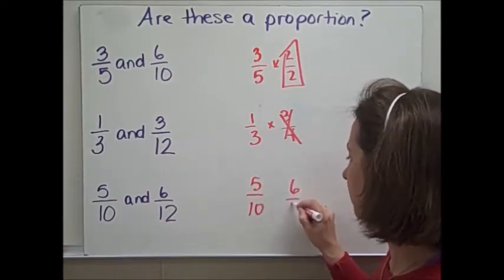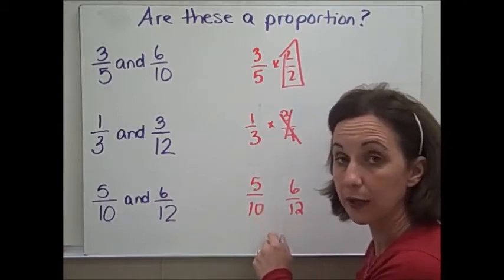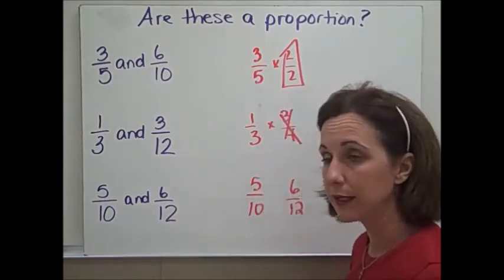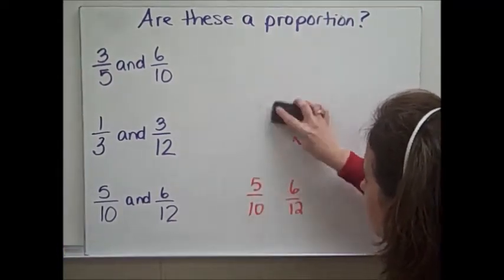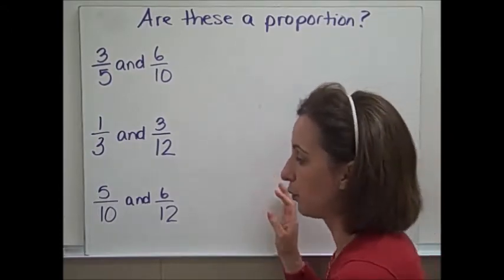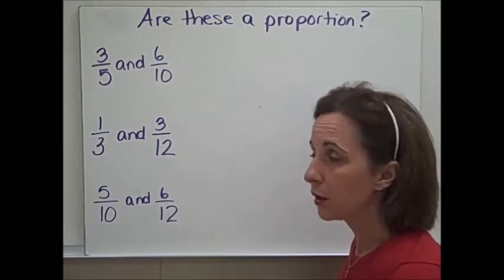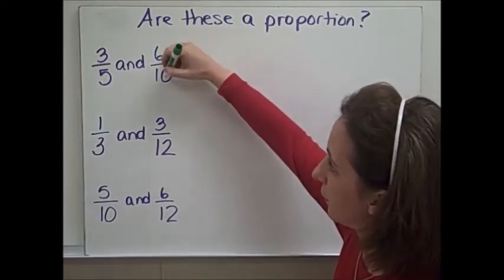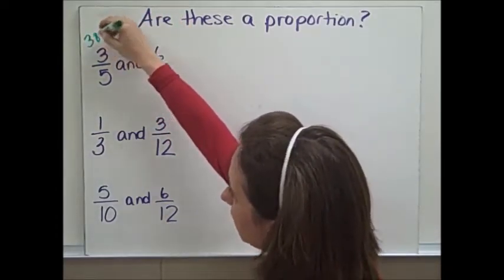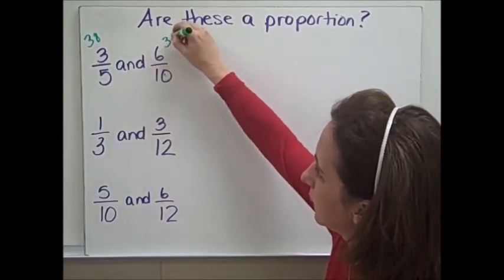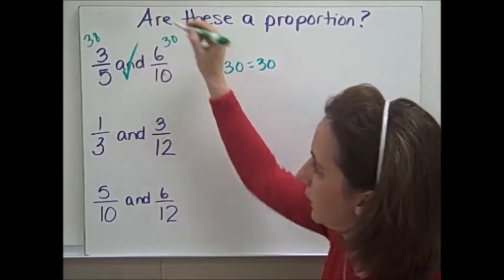There are some times that there's not a number here to form a 1. And so we need one more way to identify if the set of ratios are indeed a proportion. And you are going to do that by finding cross products. 10 times 3 is 30, and 5 times 6 is 30, and because 30 equals 30, we've said yes.